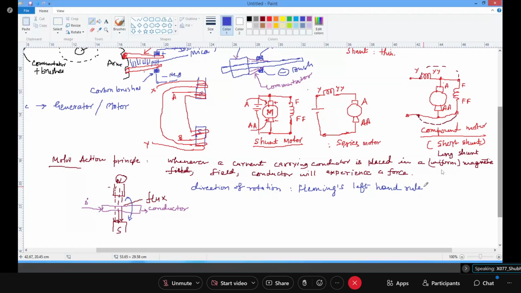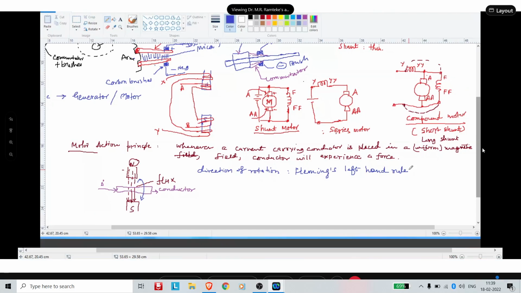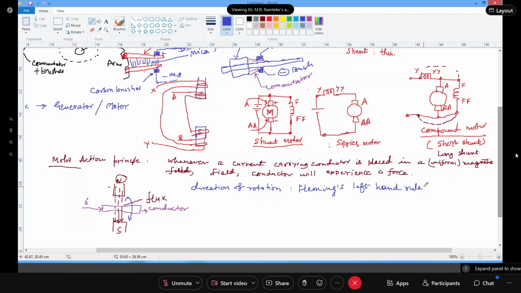Sir, it gives us an idea about motion, magnetic field, and current, sir. Direction of this. But there is a statement about this. How will you put it in words? Put it in words.